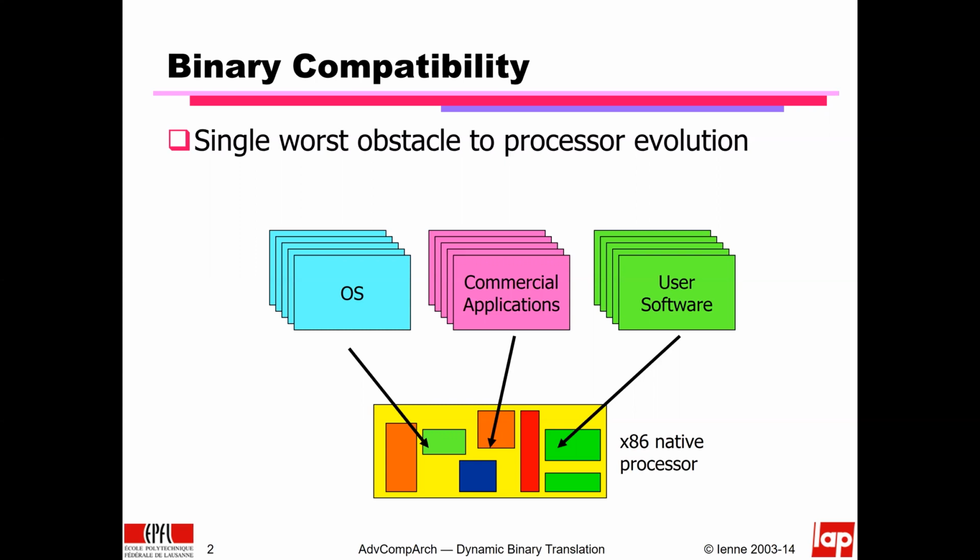All the other, potentially better instruction set architectures that came out connected to much better implementations are all gone because of binary compatibility. So in some sense, if you turn things around, you could say that binary compatibility is maybe the single worst obstacle to the evolution of processors.